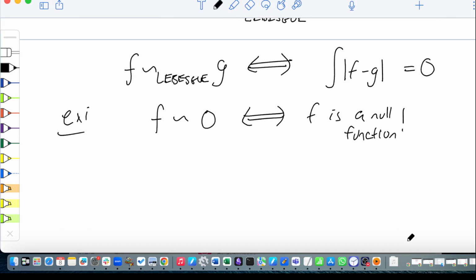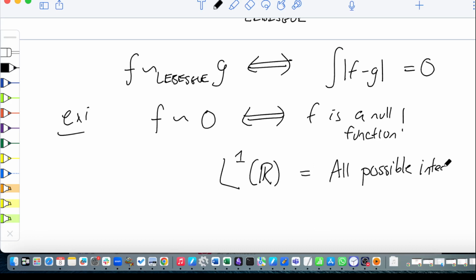So what we're going to do is take L1, the set of all possible functions that are Lebesgue integrable, and take the quotient by the equivalence.